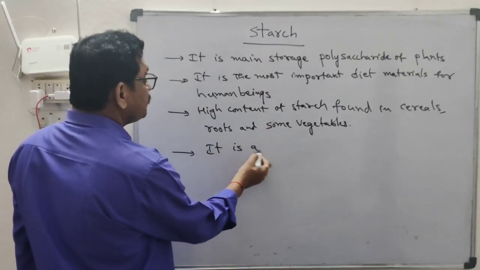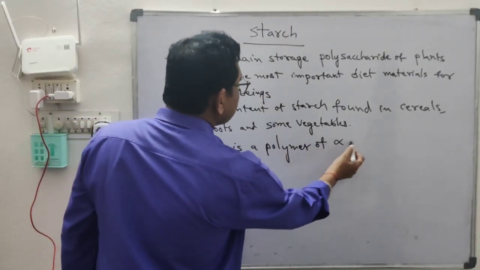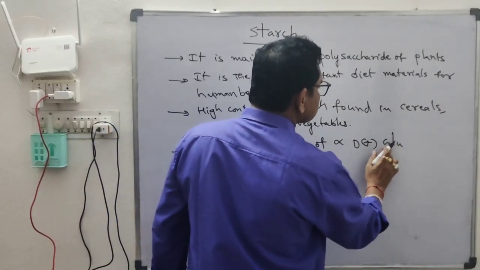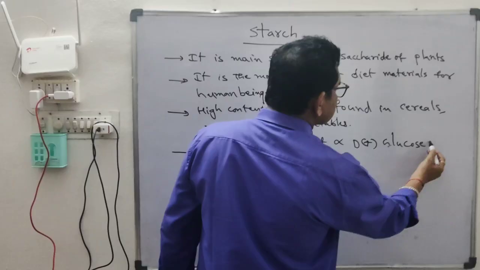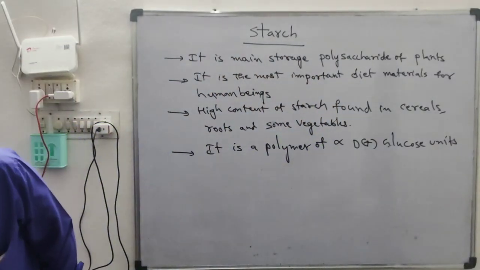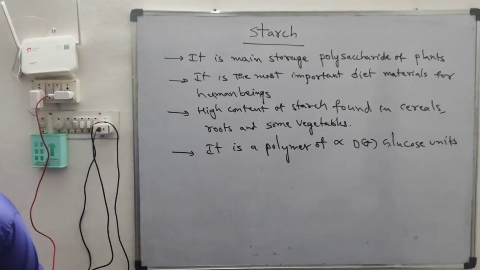It is a polymer of alpha D plus glucose units, and consists of two components.